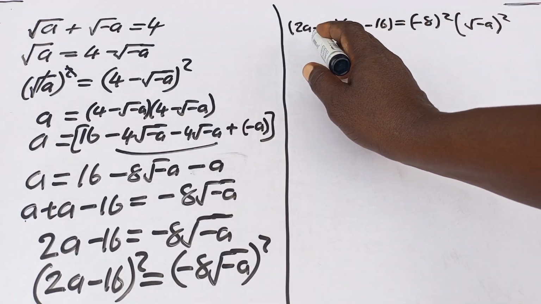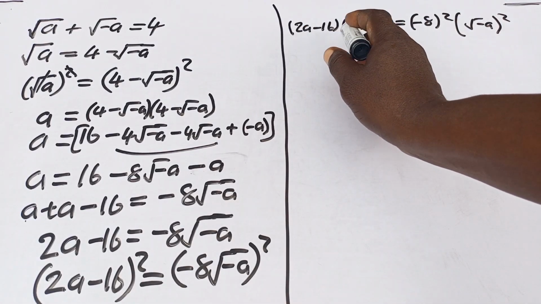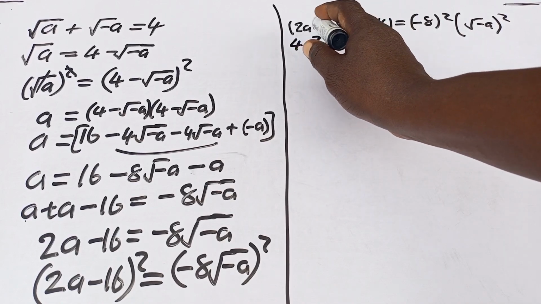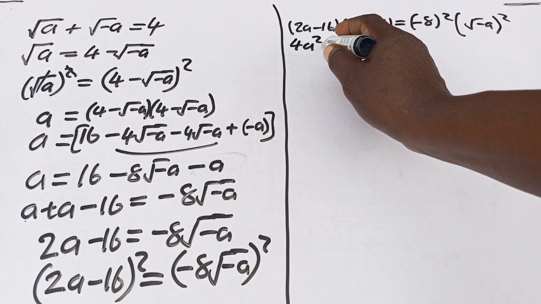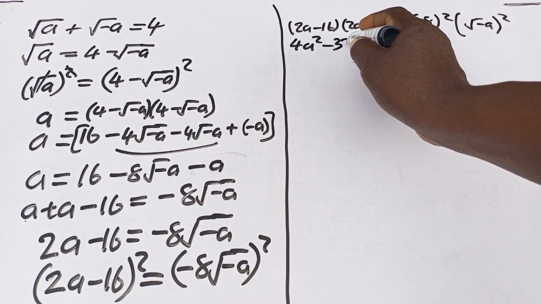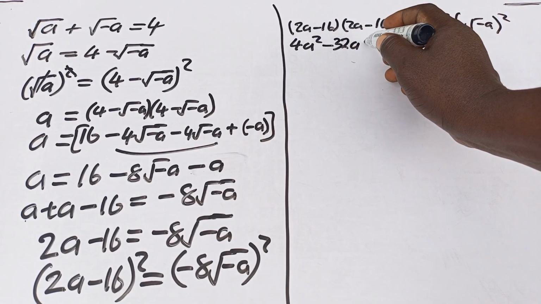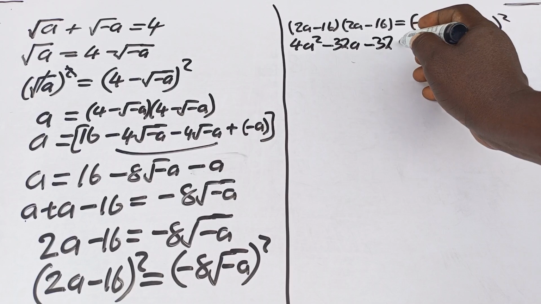Now we carry out this multiplication. 2a multiplied by 2a is 4a squared. 2a multiplied by negative 16 is negative 32a. Negative 16 multiplied by 2a is negative 32a.